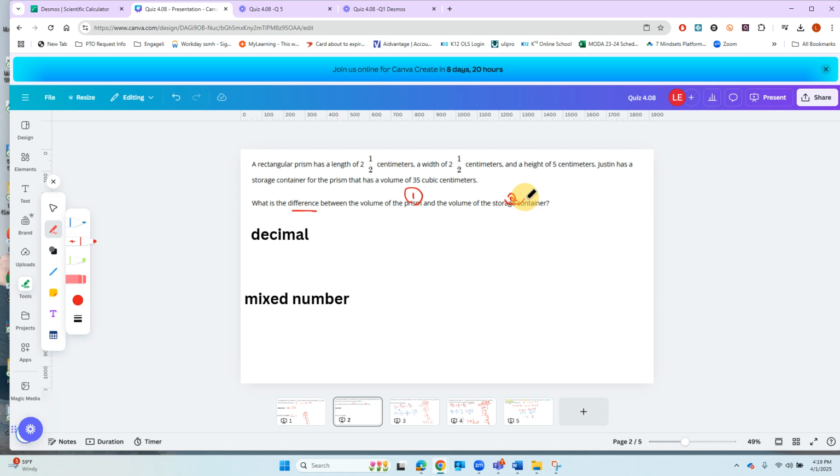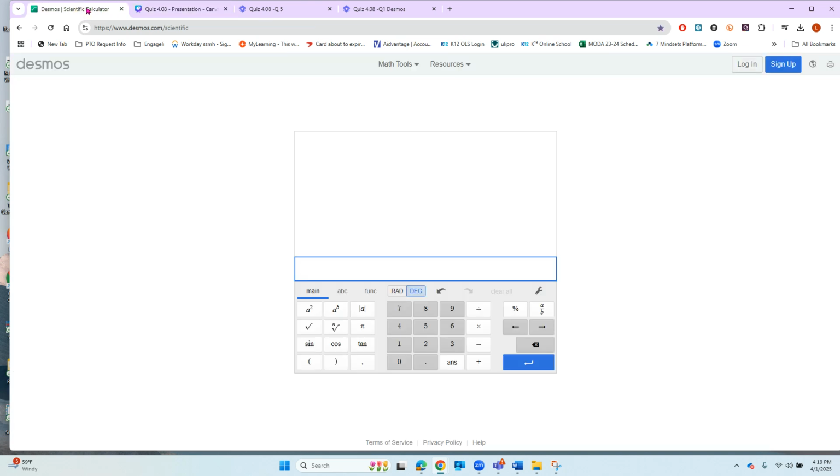So first, let's find the volume of the rectangular prism, again, by multiplying length times width times height. And we'll use our Desmos calculator to do that.